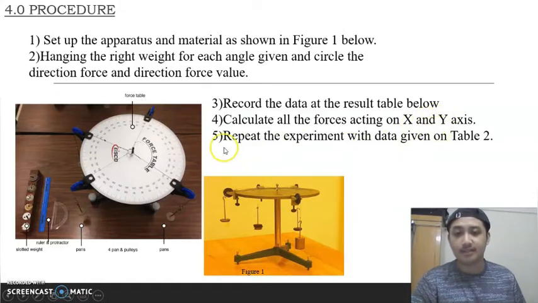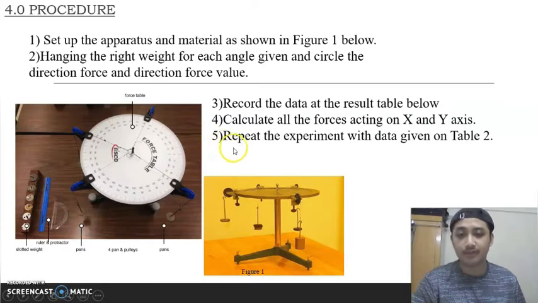Number 5 is to repeat the experiment with the data given in table 2. In the experiment, we do two runs, table 1 and table 2. Both tables have different angles and different mass of the weights.